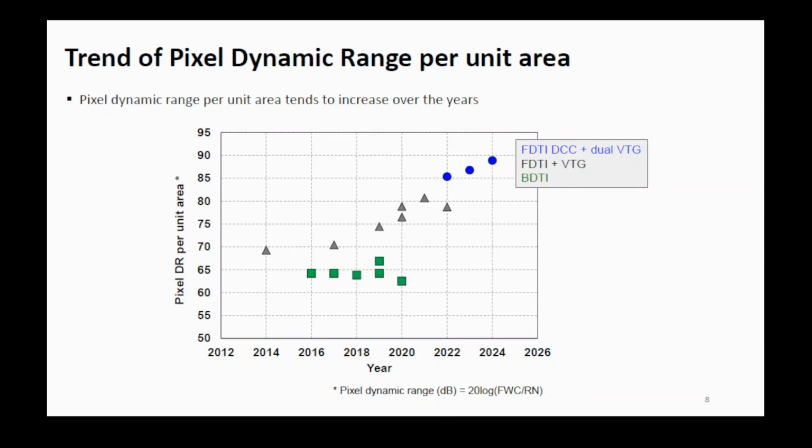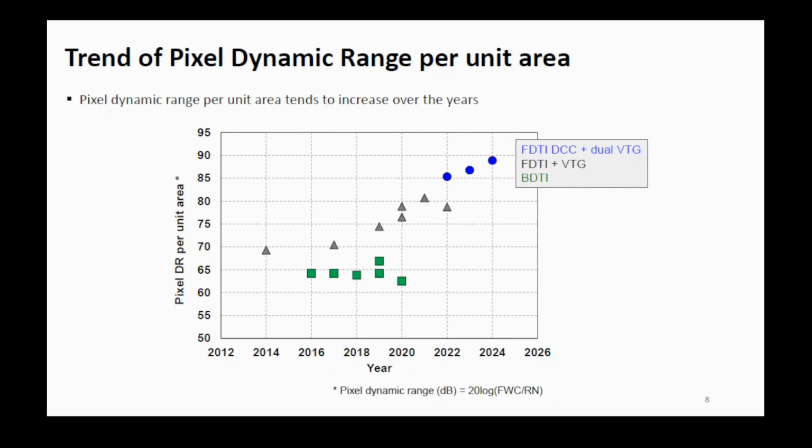So I chose the pixel dynamic range as one metric to observe the trend according to year. We categorized it into BDTI, FDTI plus the single VTG, and finally FDTI DCC plus the dual VTG. We can see that as the full well capacity increases, the pixel dynamic range increases in the FDTI.